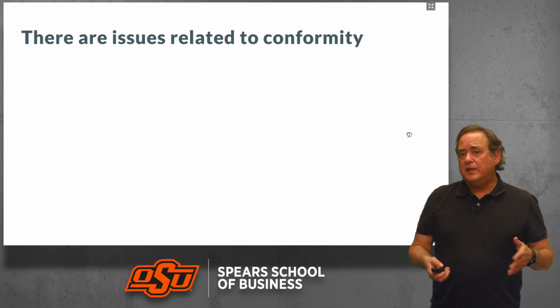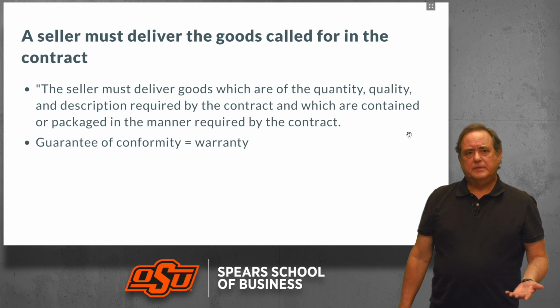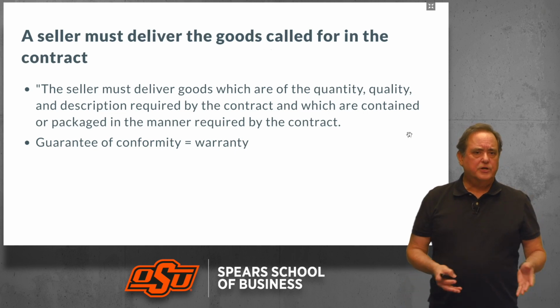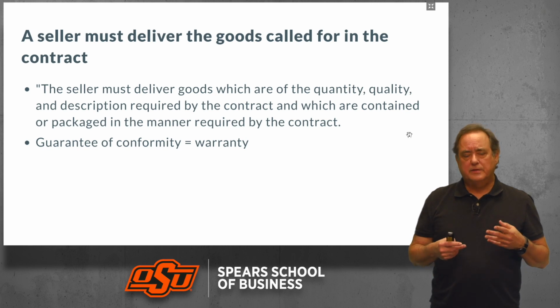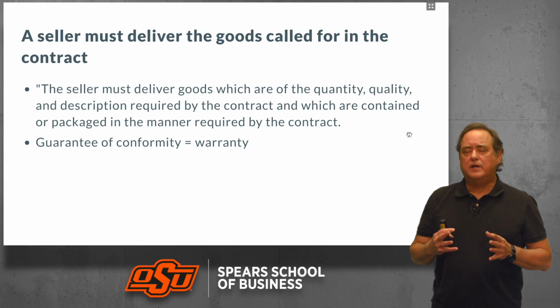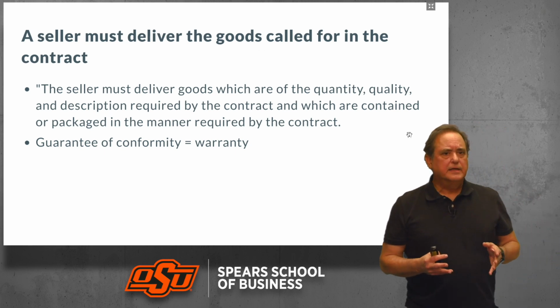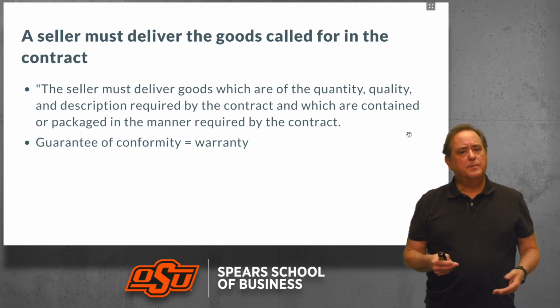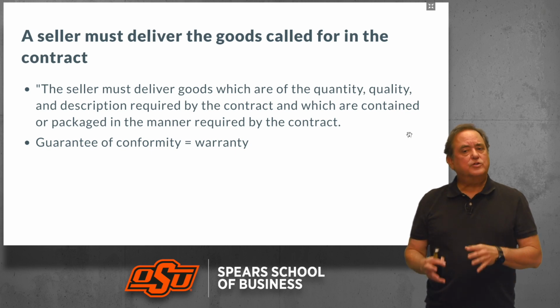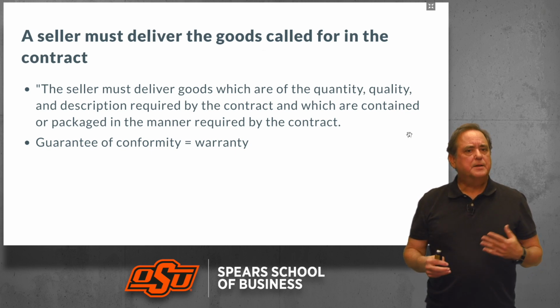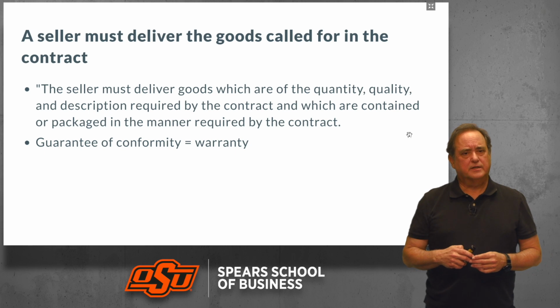Now, there are issues related to conformity. A seller must deliver the goods that were specified in the contract. And the CISG says the seller has to deliver goods which are of the quantity, quality, and description required by the contract. Furthermore, those goods must be packaged in a manner required by the contract.